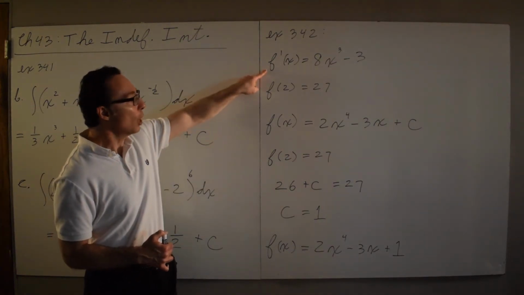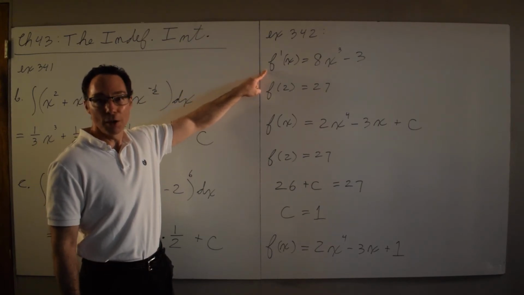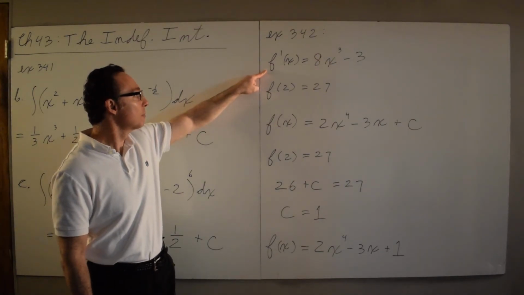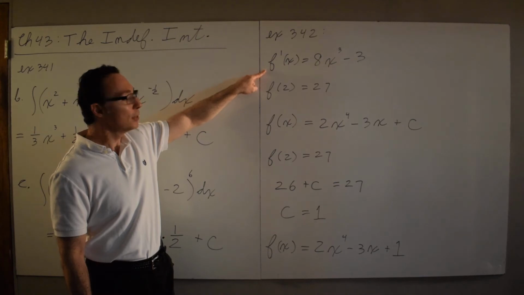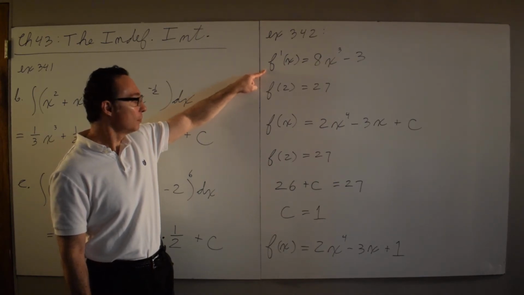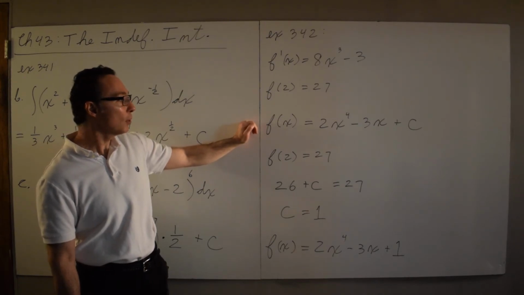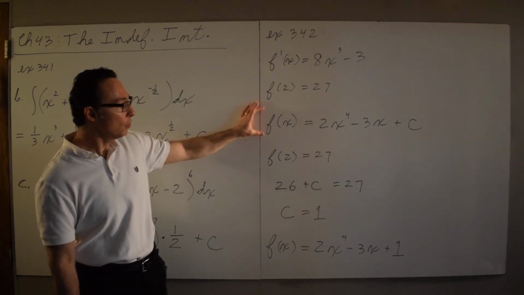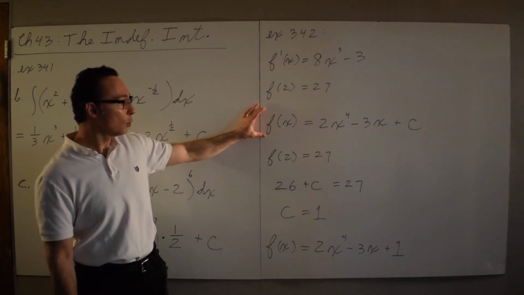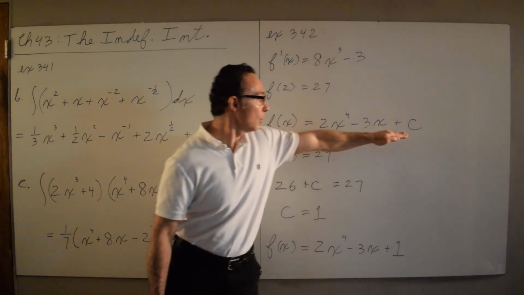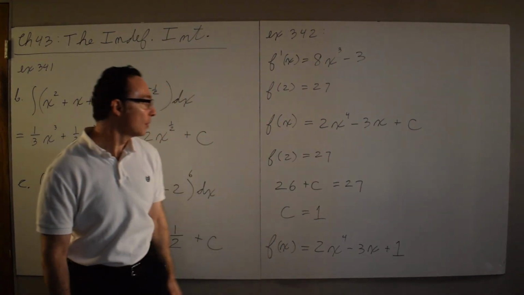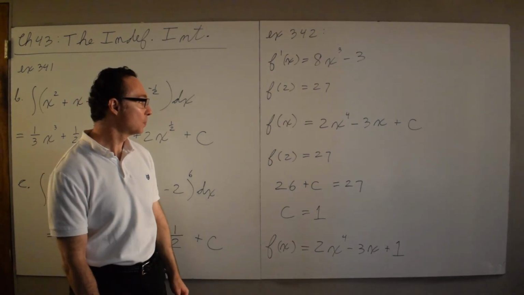That means simply knowing the derivative of f is not enough to tell us what f is. So we're given the derivative as 8x cubed minus 3. We know that f of x is 2x to the 4th minus 3x plus something, but we don't know what that something is. Antiderivatives are not unique, but they're unique up to a constant. We have to figure out what the constant is.